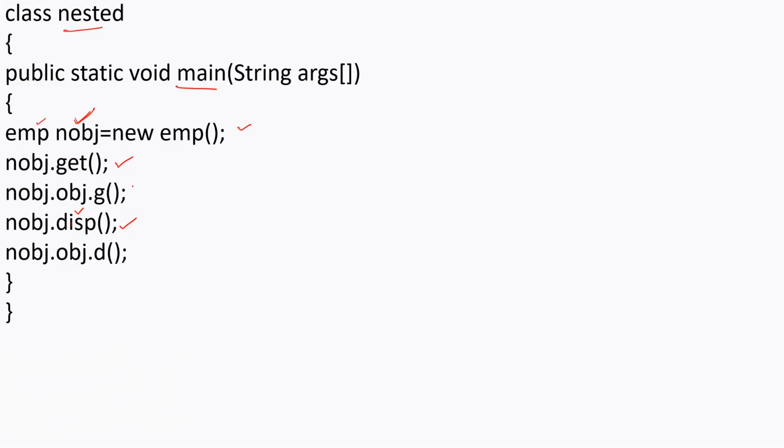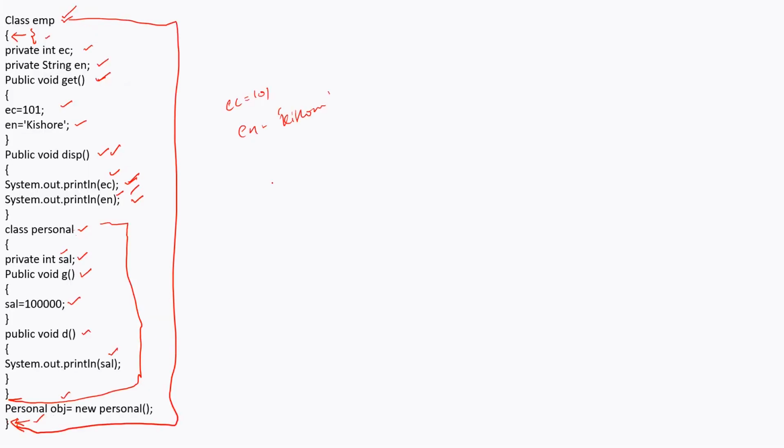Now I need to call the G method as well as the D method. But you can see this G method is present in the personal class and this D method is also present in the personal class, right? So there is an object called obj for this personal class. So in order to access this G as well as D, I need to take the help of two access operators.